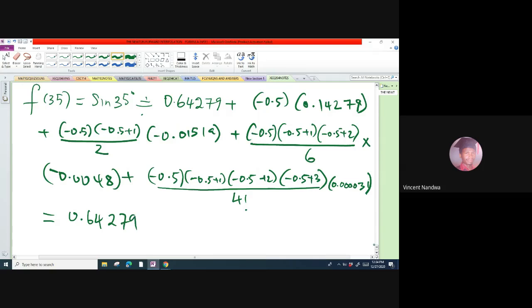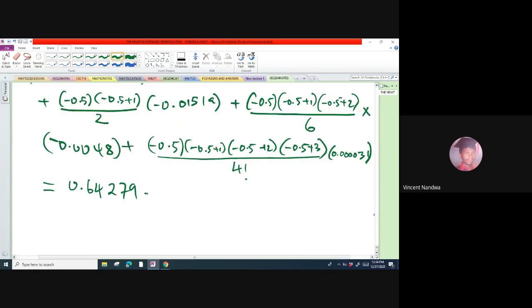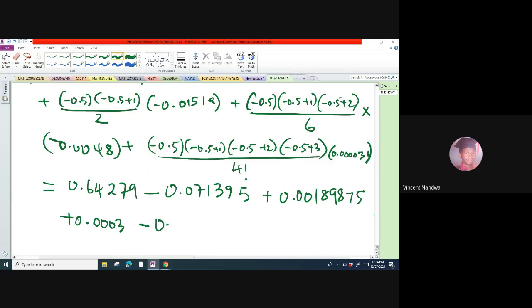0.64279 minus 0.071395 plus 0.00189875 plus 0.0003 minus 0.000012109375.